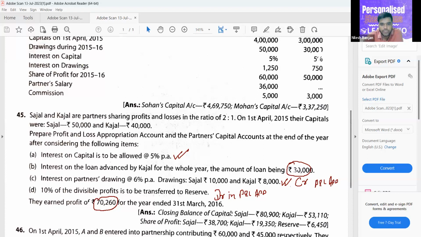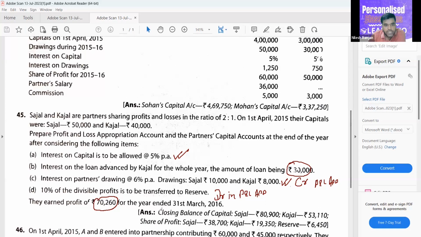Okay. Yes, now you will deduct this 1,800 from 70,260. Let me calculate 70,260 minus 1,800. Okay. So it is 68,460. This is your actual profit.